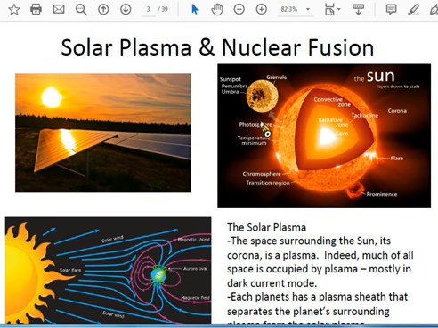If we look up to the sky, we can see the sun. The sun can deliver energy to the surface of the Earth, so one can use this energy for different applications.